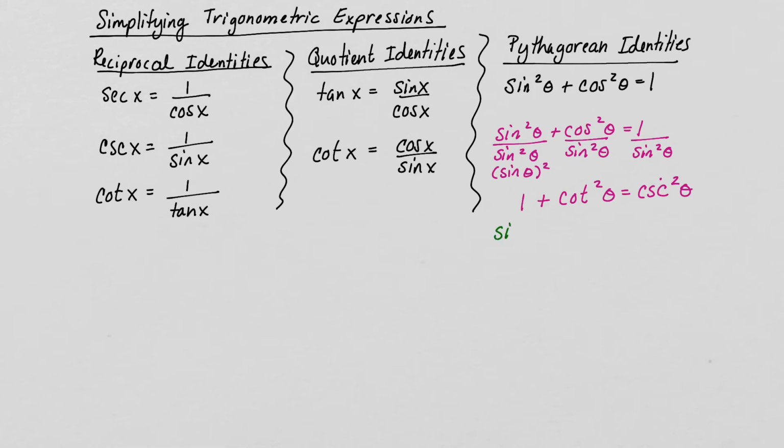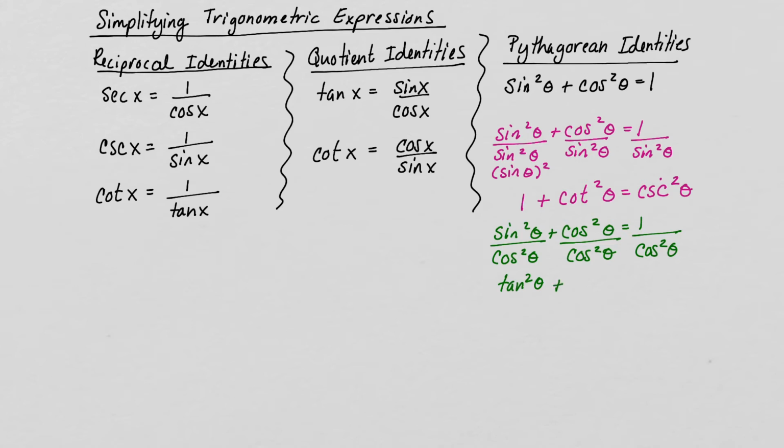The third one is to start with sine squared theta plus cosine squared theta equals 1, and this time divide everything by cosine squared theta. And so in this case, sine squared theta over cosine squared theta is tangent squared theta.